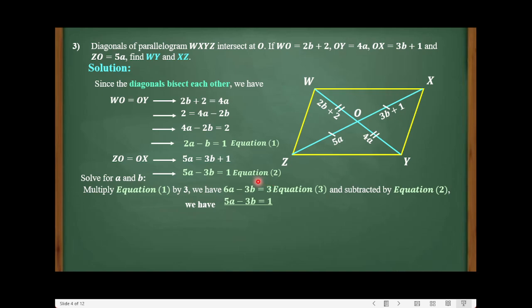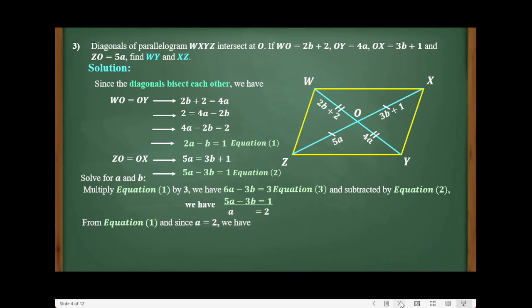Now, you will notice from this equation that 3B are identical in equation 3 and equation 2. So we can eliminate this term by means of subtraction, term by term. So 6A minus 5A is A. Then negative 3B minus negative 3B is 0. Then 3 minus 1 is 2. So at this point, we have just solved for A, which is equal to 2.